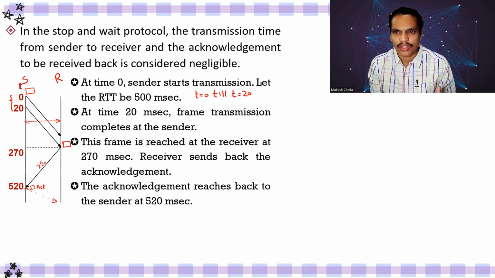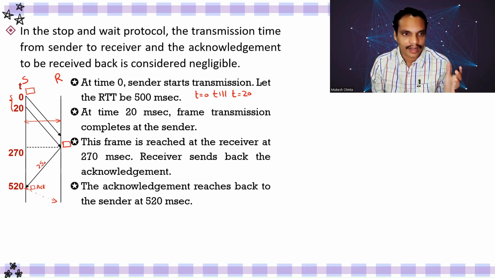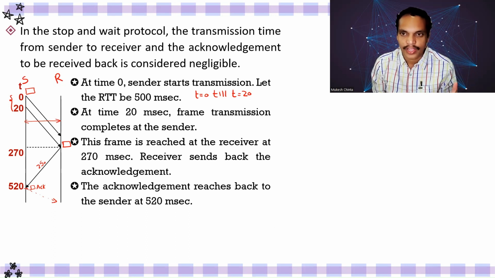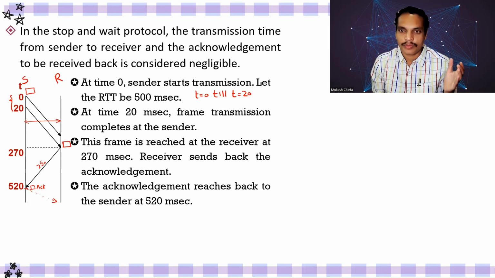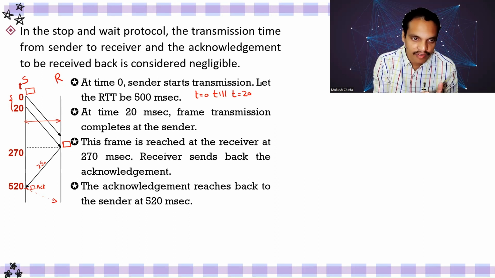Now, if you take this scenario, there is no problem because the sender has sent a frame and waited for the acknowledgement to come back. It has started a timer, and according to the timer, it will wait for the acknowledgement. If the acknowledgement is not received, fine, the sender will start retransmission. Here, everything goes well and the receiver has received the frame.